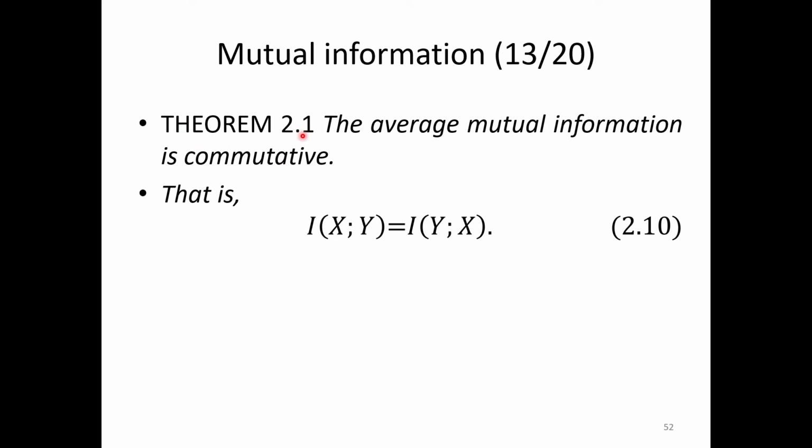Theorem 2.1: the average mutual information is commutative. That is, I(X;Y) is equal to I(Y;X).